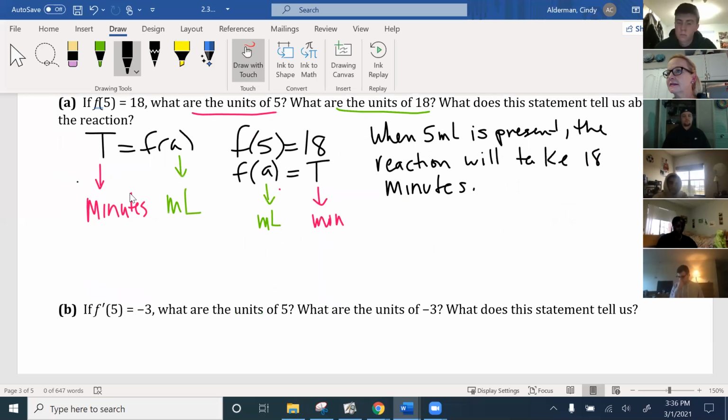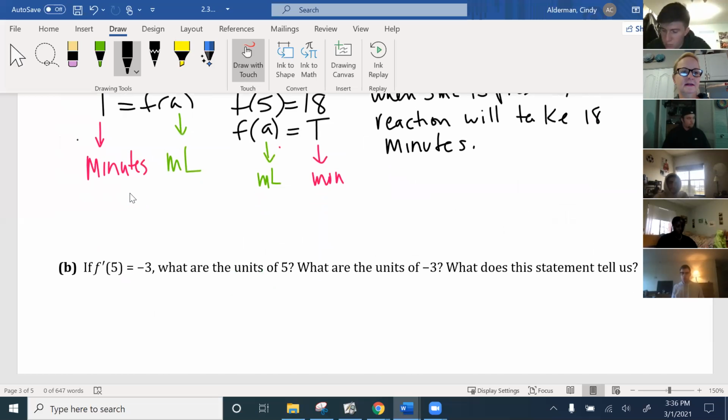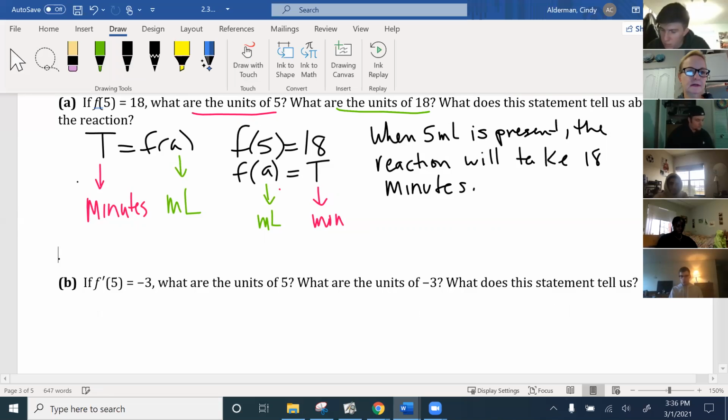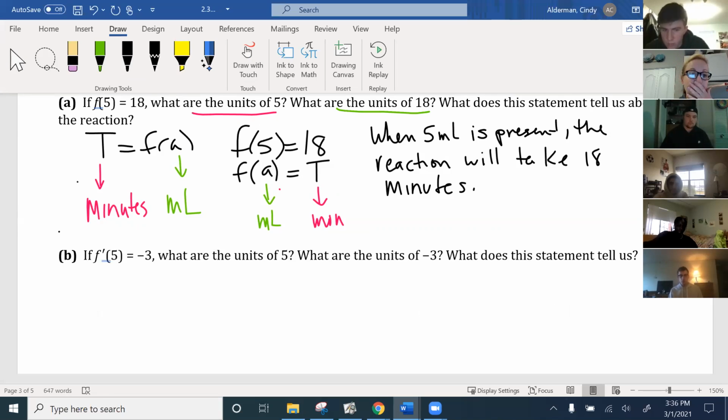Everybody else set? All right. I'm going to actually move this up. Okay, so now we're talking about the derivative. If f prime of 5 is -3, what are the units of 5?